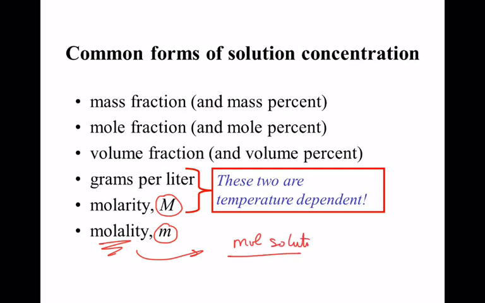Instead of amount of solution, it's going to be kilograms of solvent. Too many S's. That's what molality means. And because it doesn't have to do with volumes at all, molality is great in chemistry because it does not depend upon temperature at all. Temperature independent.